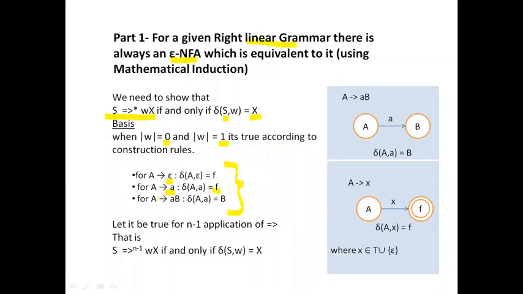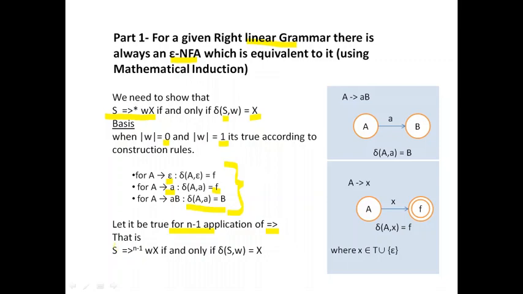Another possibility is you have a production of the form capital A giving small a capital B. Corresponding to it, you will have a transition from state capital A on small a to capital B. So whenever the string length is 0 or 1, it is true. That forms the basis for our inductive proof. Now we assume that it is true up to n minus 1 applications of derivation.